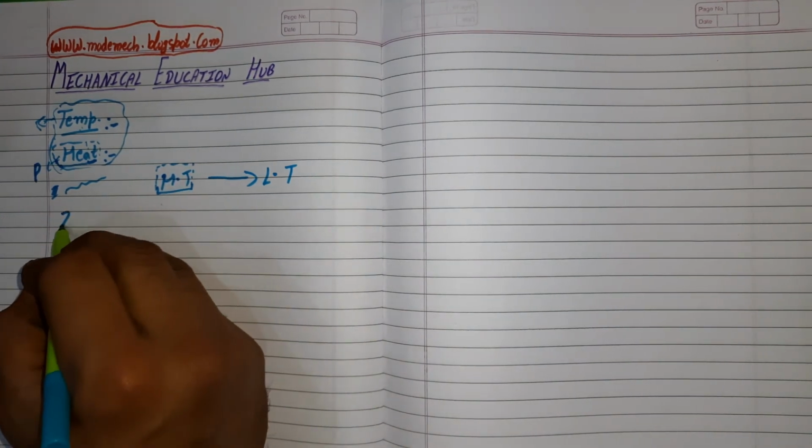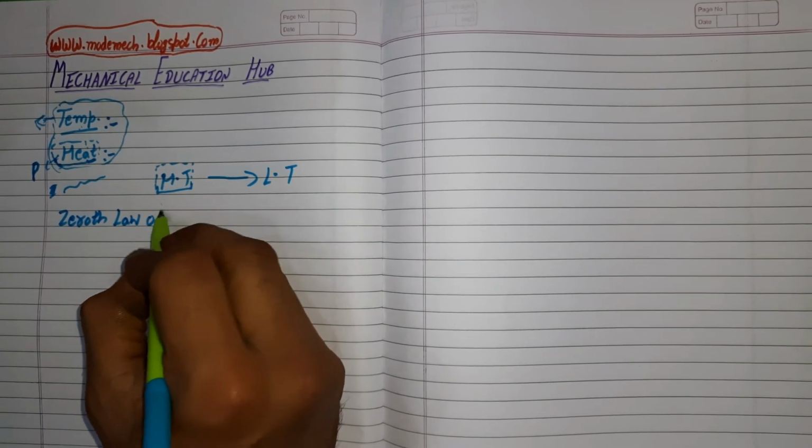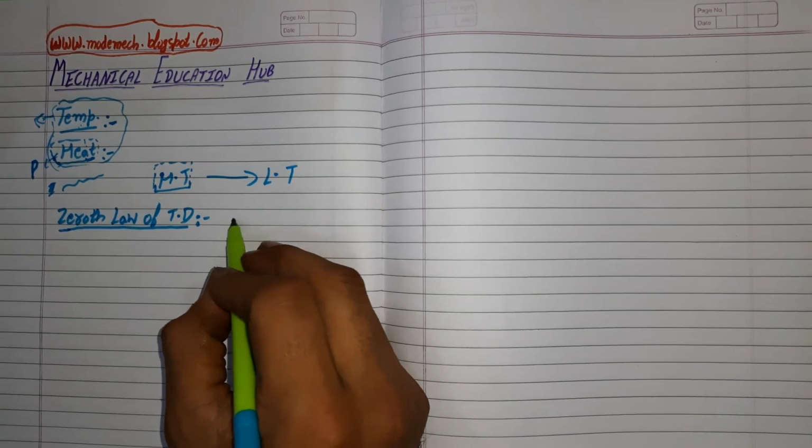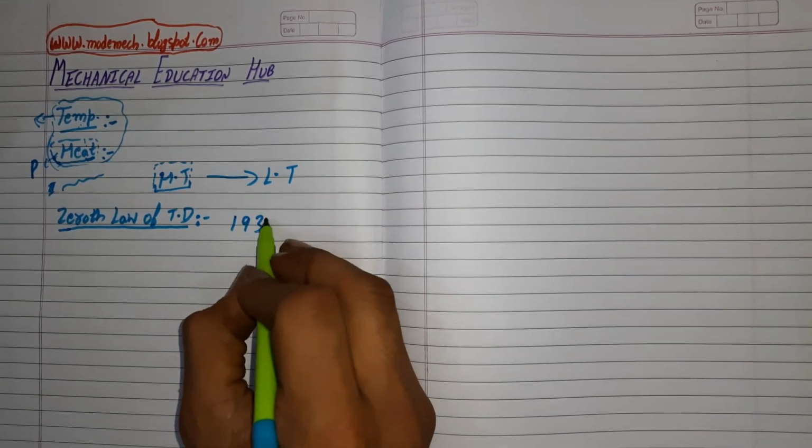Now let's move on to our topic, which is the Zeroth Law of Thermodynamics. The Zeroth Law of Thermodynamics was given by Fowler in 1931.